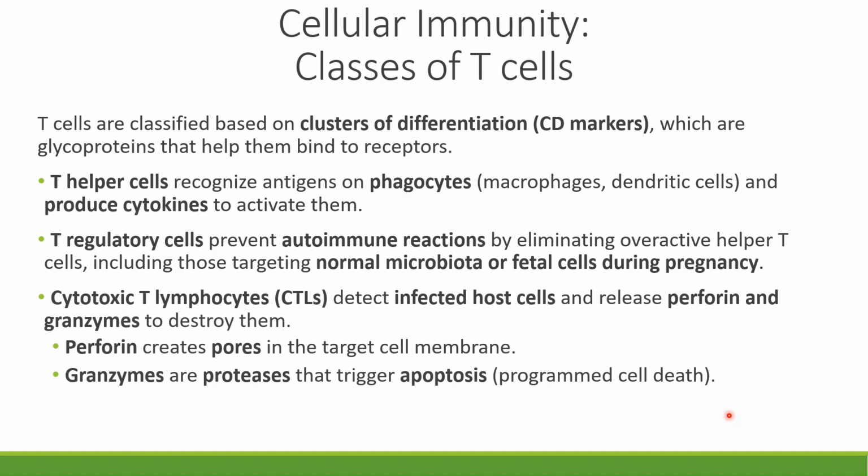These trigger apoptosis, or programmed cell death. And through these different roles, T cells help regulate and protect the body from infections while preventing harmful immune reactions. So we can see that these are all helping to prevent pathogen infections of cells, or clear them from the body.